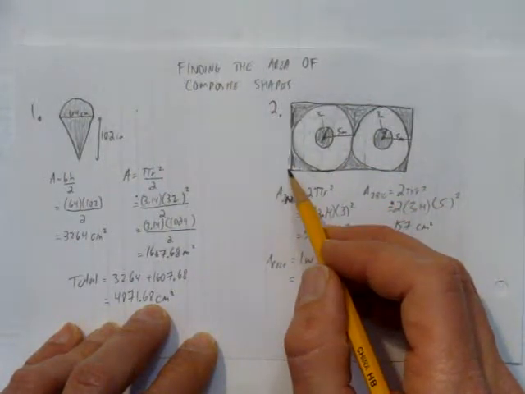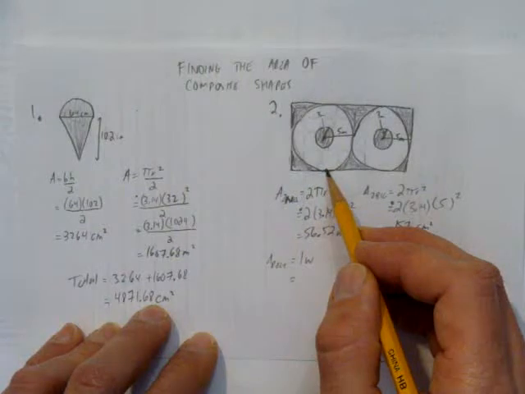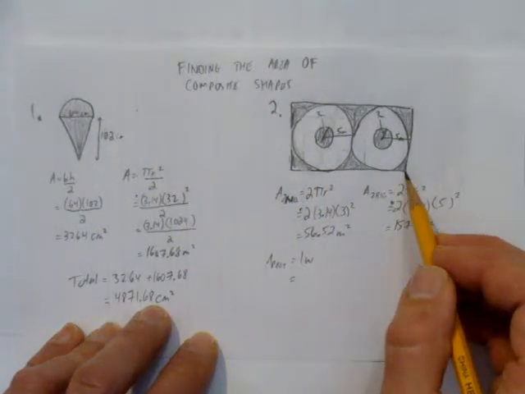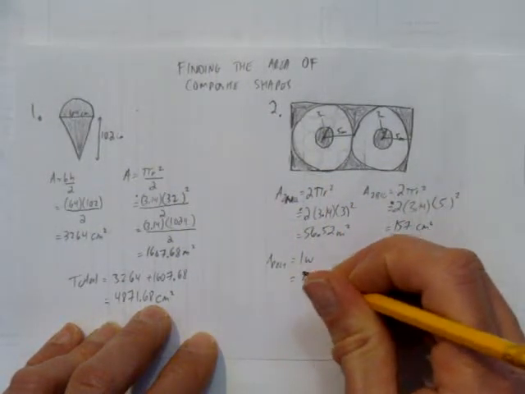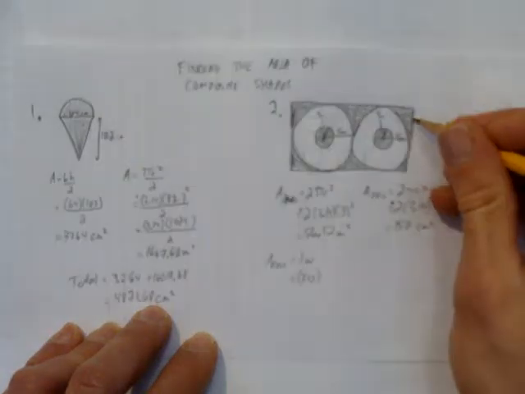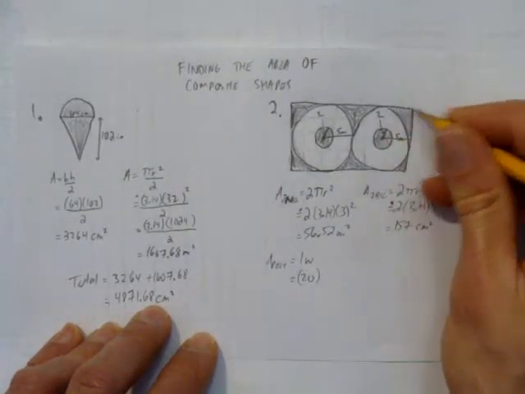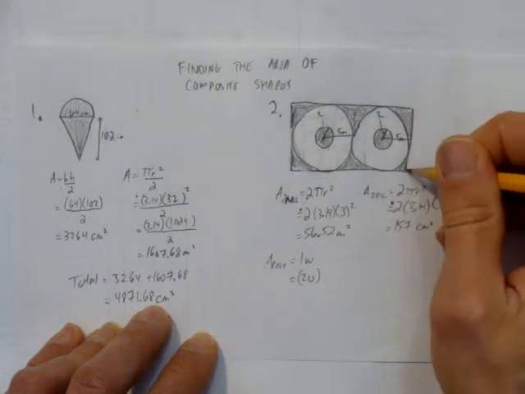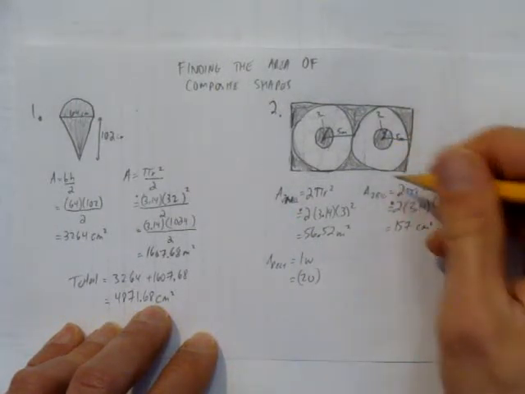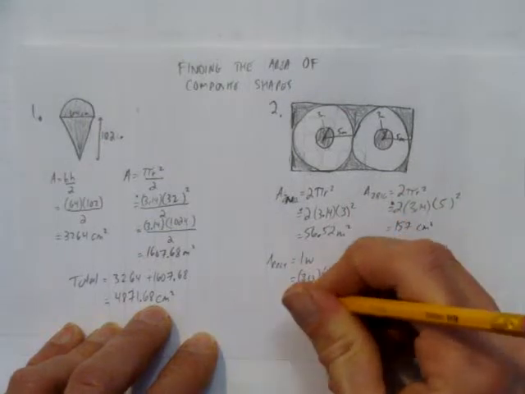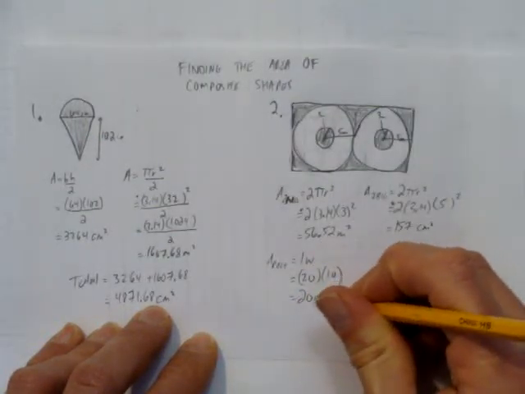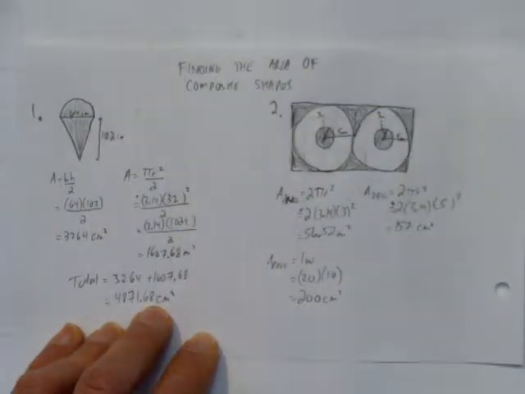So this entire length is 5 to the halfway, 10, 15, 20. In other words, the length of that rectangle is just 20. And similarly the width spans 2 radiuses, both of which are also 5 meters, so the width is 10, giving us an area for the rectangle of 200 square centimeters.